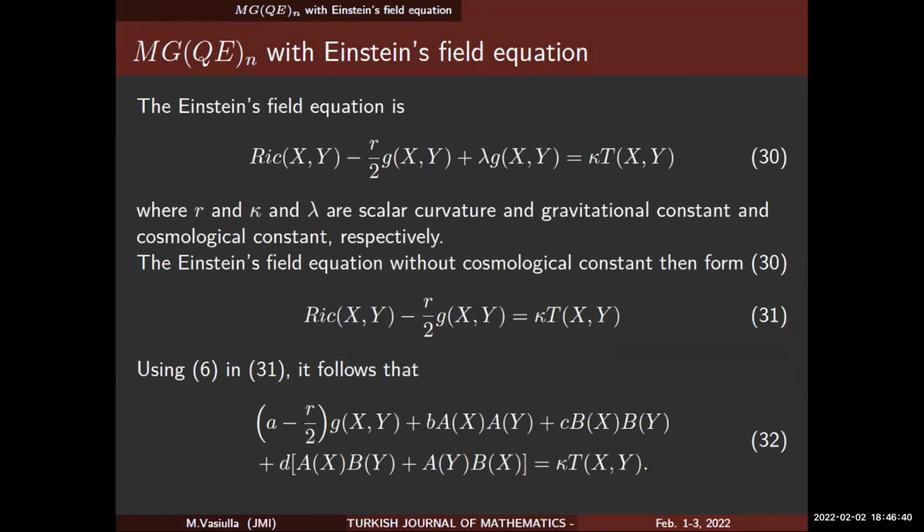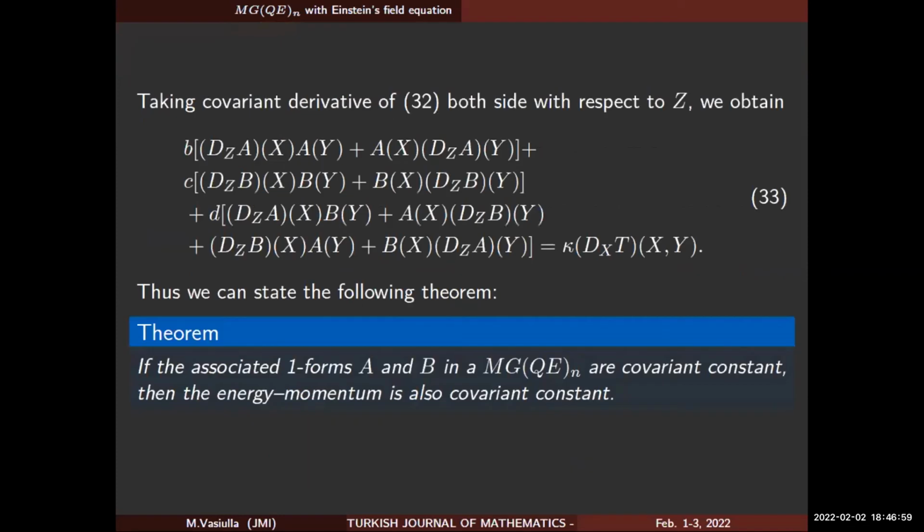If lambda equal to 0 in 30, we get equation number 31, and it is called the Einstein field equation without cosmological constant. Using 6 in 31, it follows that 32, and taking the covariant derivative of equation 32 with respect to z, we get 33.